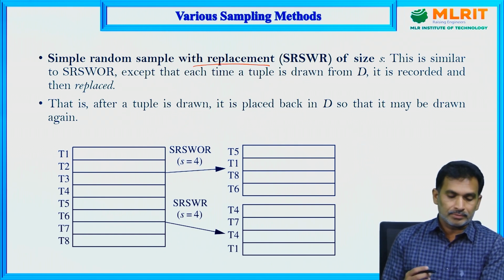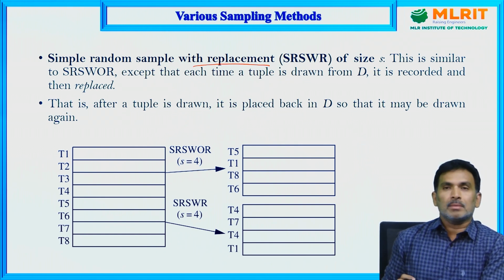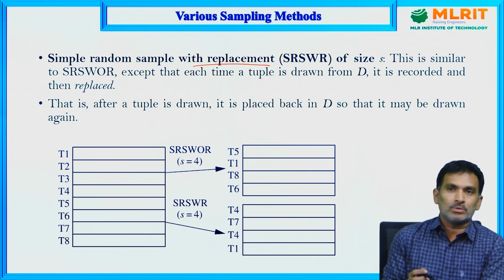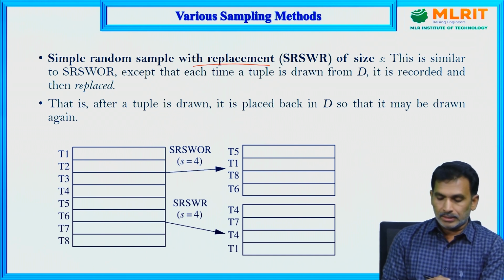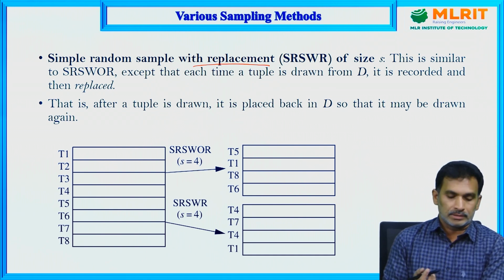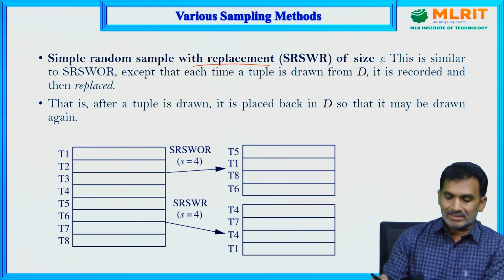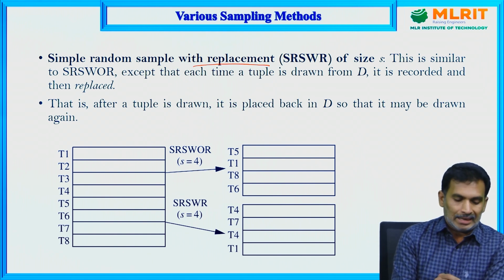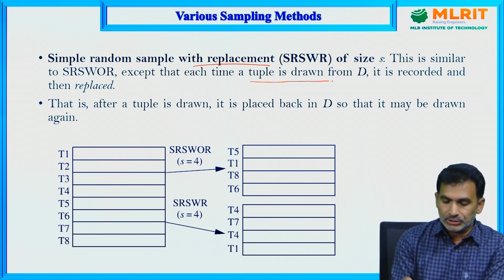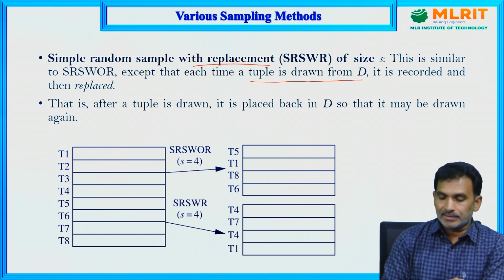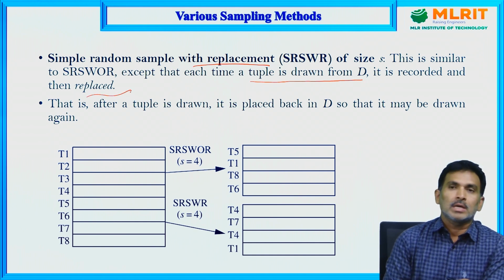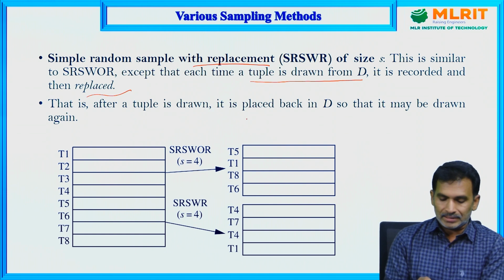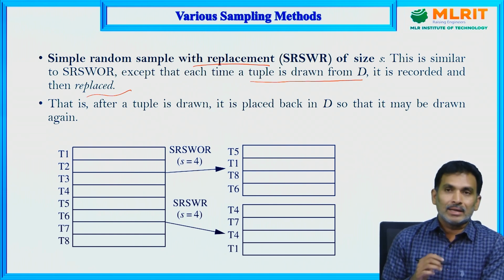But when selecting a random sample with replacement, once we select a sample we replace it, so there is a possibility of selecting the same one again. It is similar to the simple random sample without replacement, except that each time a tuple is drawn from the database D, it is recorded and replaced, so it may be drawn again.